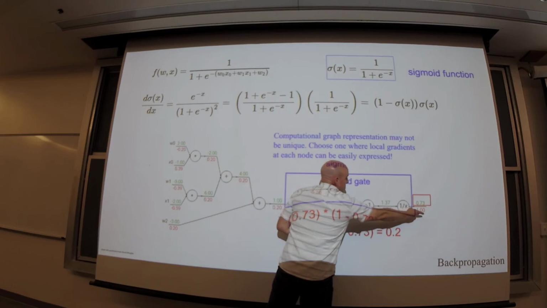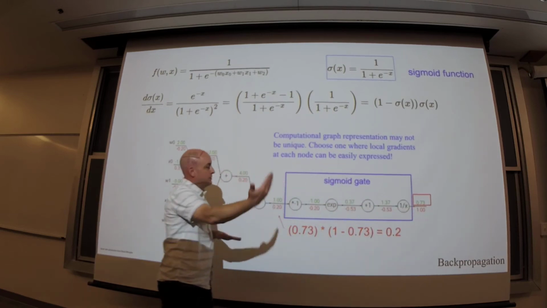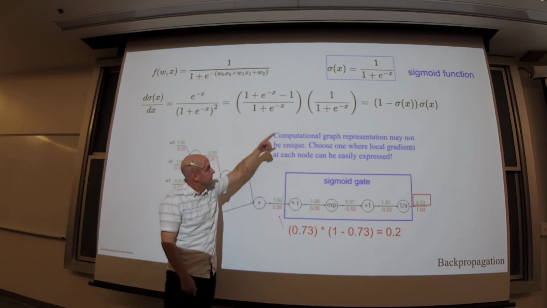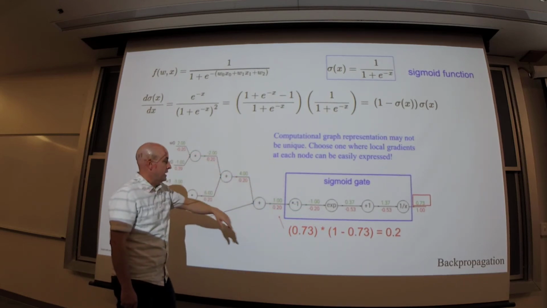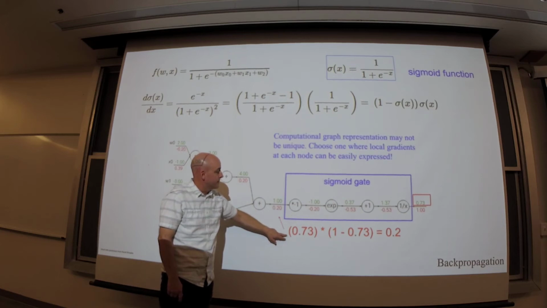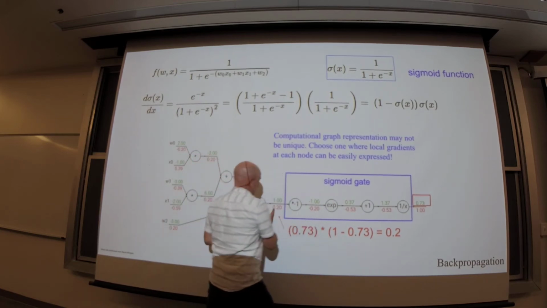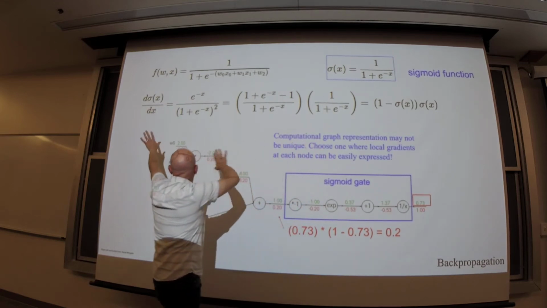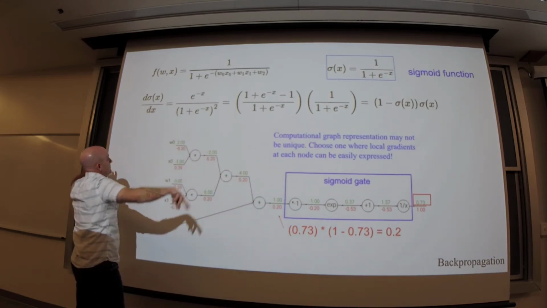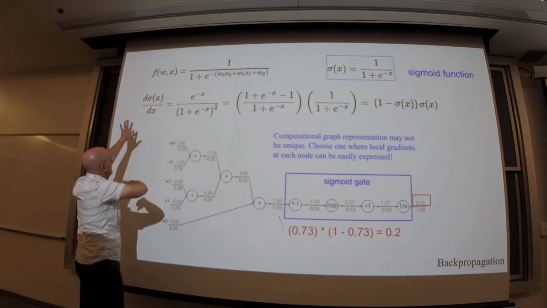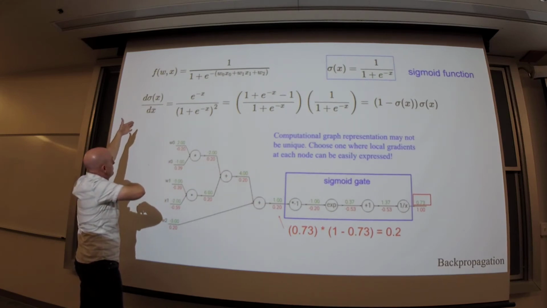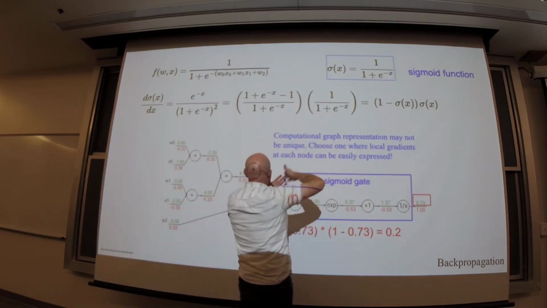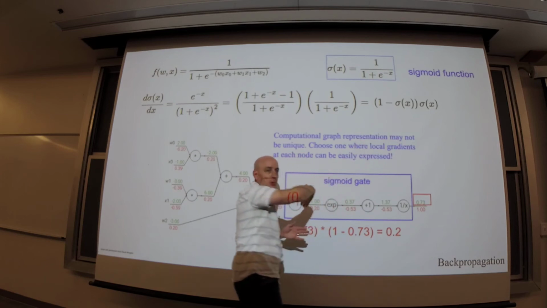So we have our upstream gradient 1, we have our input to the sigmoid function 1, and we can calculate this gradient by just taking this derivative identity. The derivative of the sigmoid with respect to its input is just 1 minus the sigmoid of that input times the sigmoid of that input.